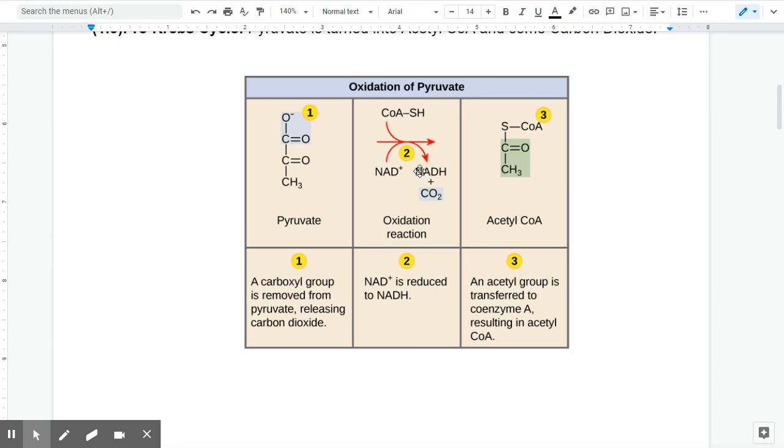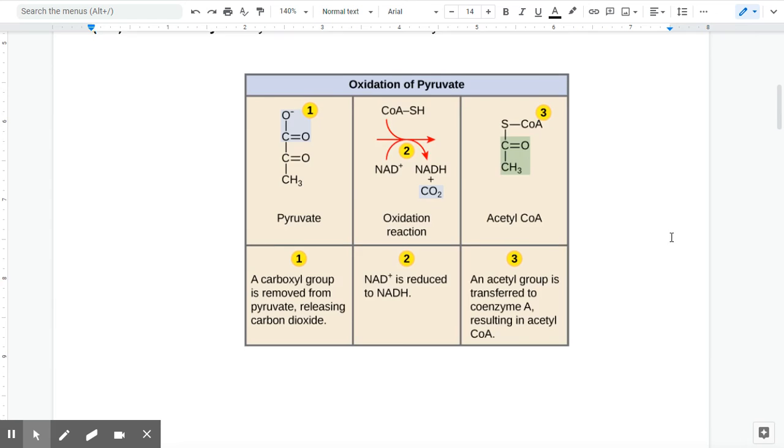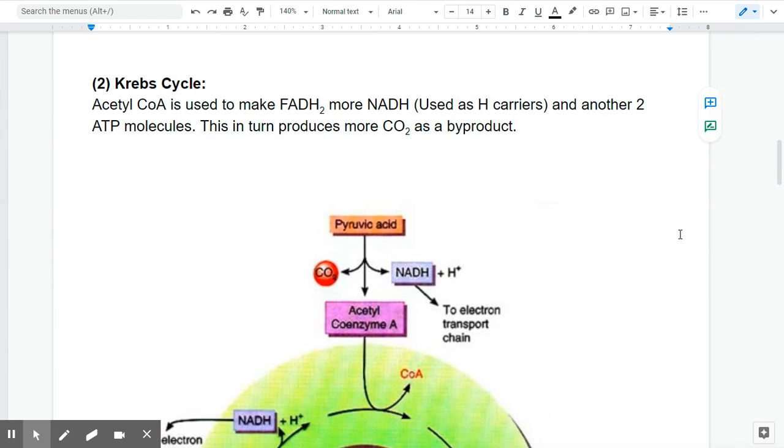And we get some more NADH from that and some CO2. In our actual Krebs cycle down here, acetyl-CoA is used to make our electron carriers, I should say H+, and another 2 ATP molecules.